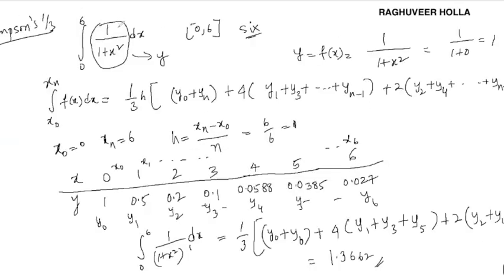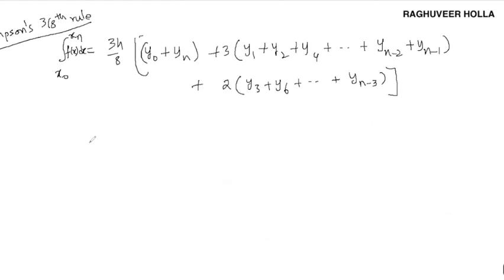That is, let us integrate 0 to 6, 1 by 1 plus x square dx. So this is the problem, into 6 equal parts. Here, as we have seen, h will be 1. Let us substitute it.